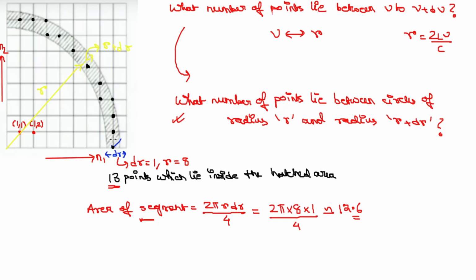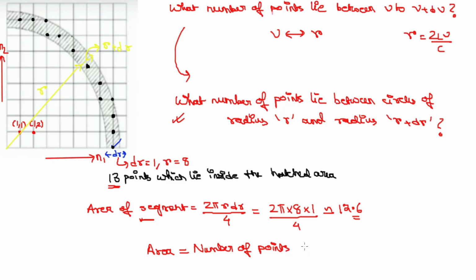So these points which I have drawn with black, these are discrete points, right? But if there are many points like these, then it will make a continuous area strip, and so the number of points in that case will be exactly equal to the area. So for larger dr, the area of the segment is exactly equal to the number of points in that segment.